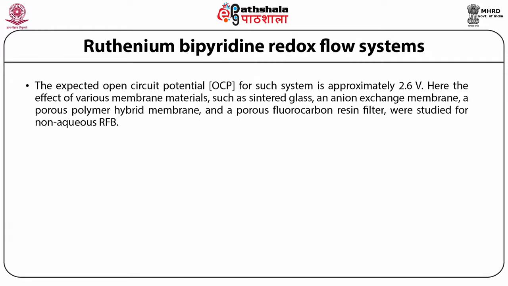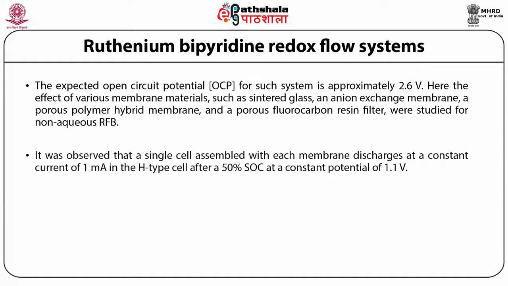Here, the effect of various membrane materials such as sintered glass, an anion exchange membrane, a porous polymer hybrid membrane, and a porous fluorocarbon resin filter were studied for non-aqueous RFB. It was observed that a single cell assembled with each membrane discharges at a constant current of 1 milliampere in the H-type cell after a 50% SOC at a constant potential of 1.1 volts.